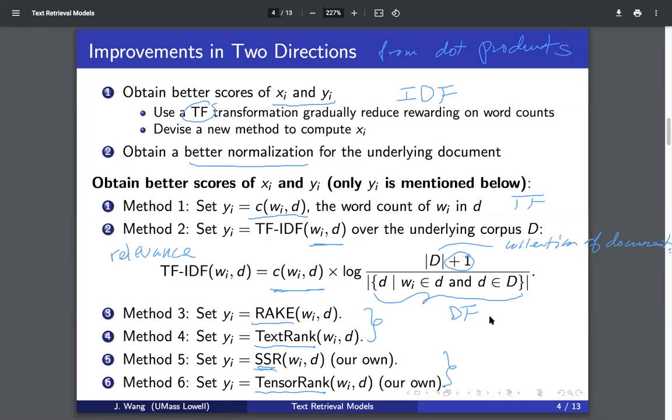At least we will go over these two. Okay, maybe some of the PhD students here can talk about this later when we have time. Okay, so that is one direction: improving scoring. The other direction is to come up with a better normalization measure.